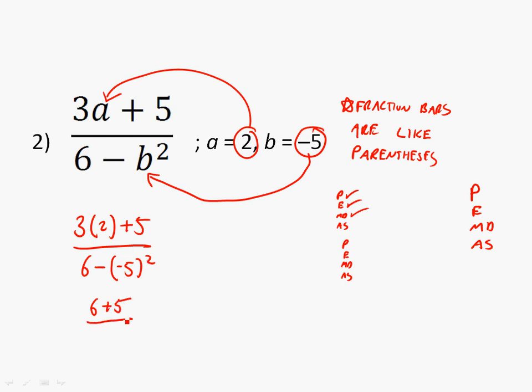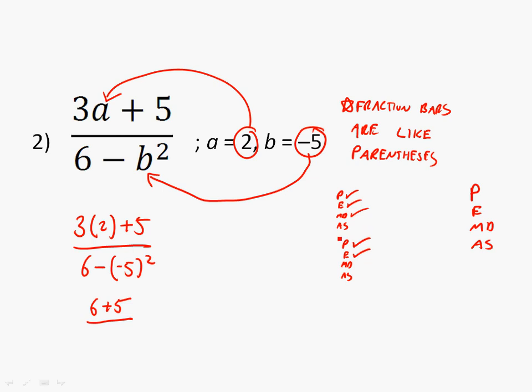Okay, then on the bottom, I have parentheses. I have exponents. Now, here's where some people get confused too. You might be saying, hey, Mr. P, there's 2 negatives there. Doesn't that make it positive? Well, not always, because you got to follow the order of operations.